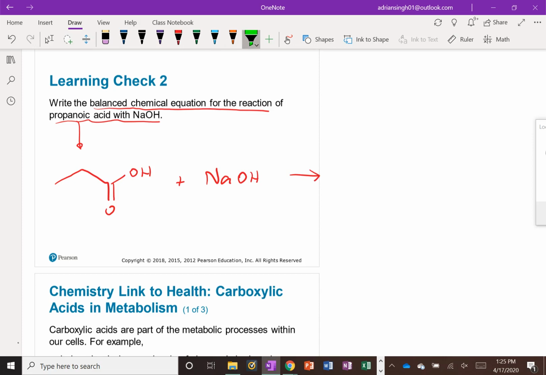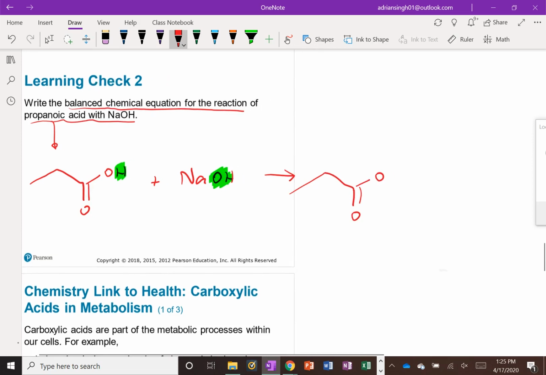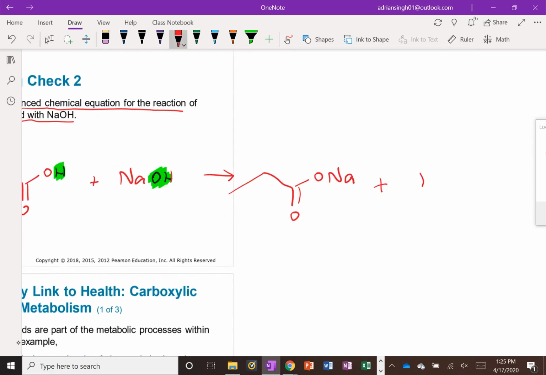So again here, the H from the carboxylic acid and the OH from the base are going to combine, and then the sodium will combine with the carboxylate ion. So we remove an H+ from the carboxylic acid, we replace it with the Na, and then we also get our H2O as the product.